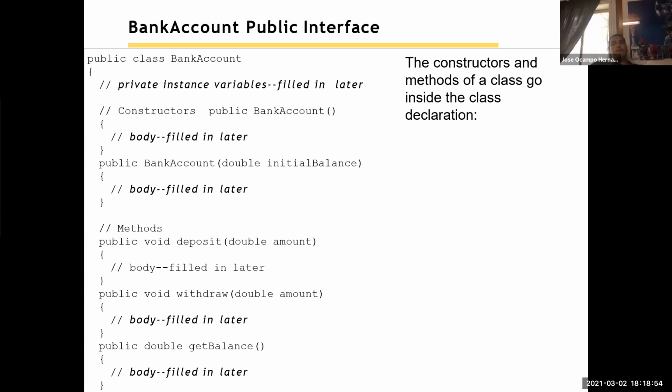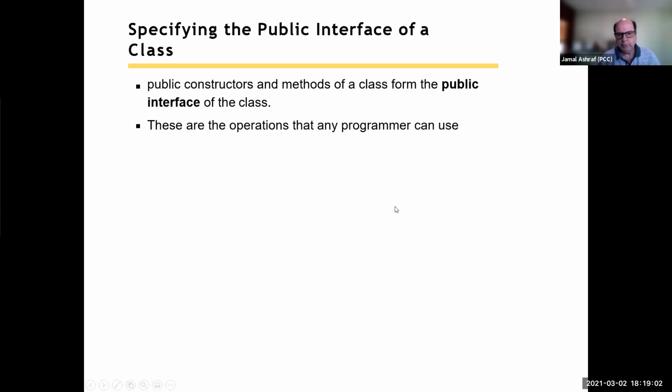Okay, so right now we're going to say these are the methods that we want to do, the constructors and my regular methods. Before you do anything, we're going to identify the public interface of our classes.